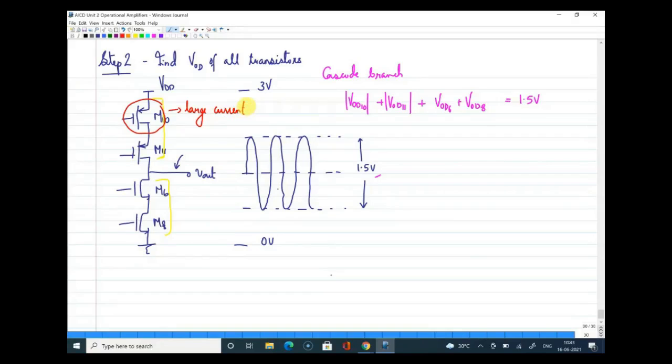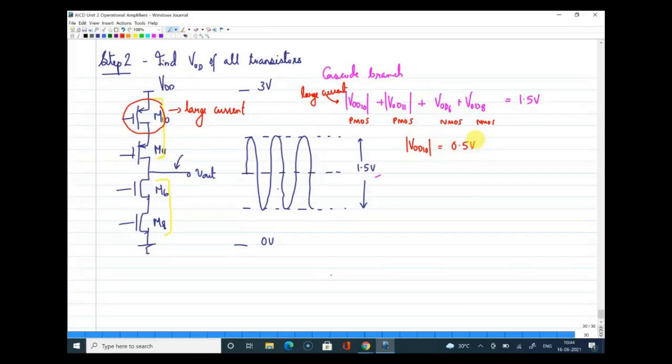Let me identify these two as PMOS and these two as NMOS. Out of the PMOS, this one is carrying the large current. So since M10 is carrying the largest current, I am assigning VOD10 equal to 0.5.